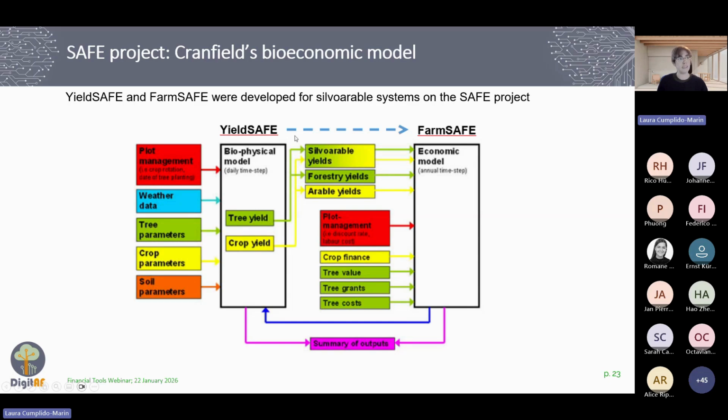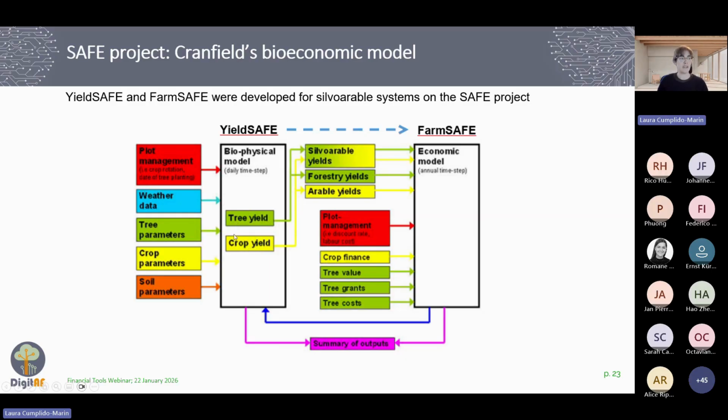So the YieldSafe tool and the FarmSafe tool are two sister tools that were developed to complement each other. The YieldSafe tool is a biophysical model that takes into account plot management data, weather data, tree parameters, crop parameters, and soil parameters, adds them all together, and estimates a tree yield and a crop yield.